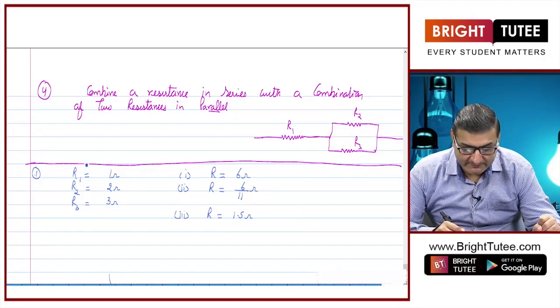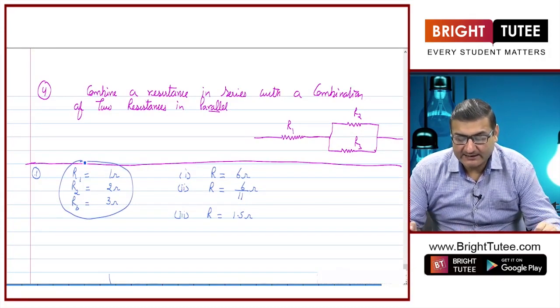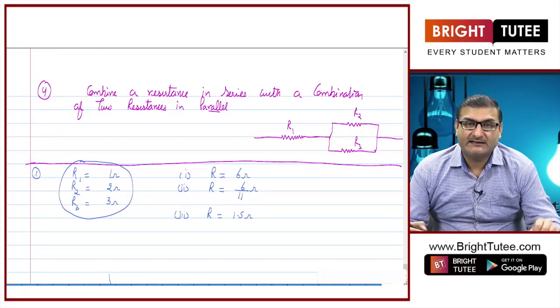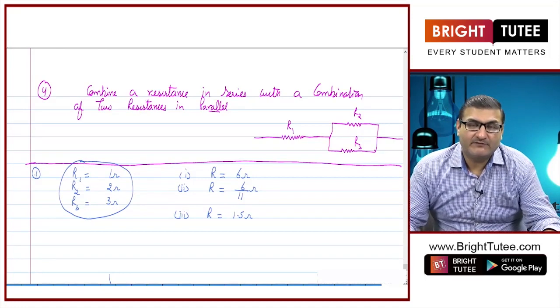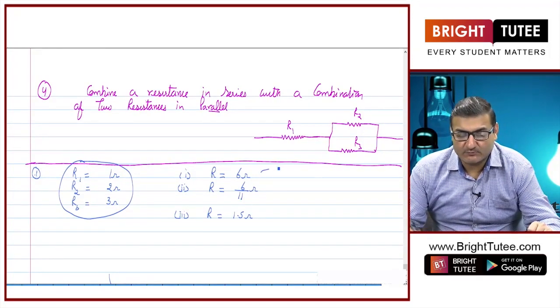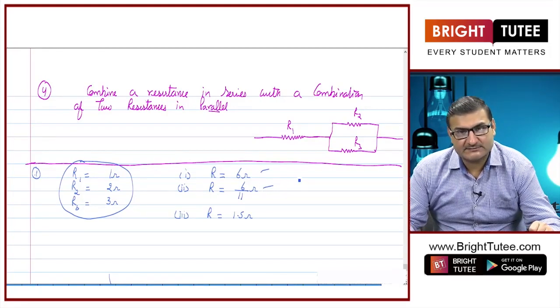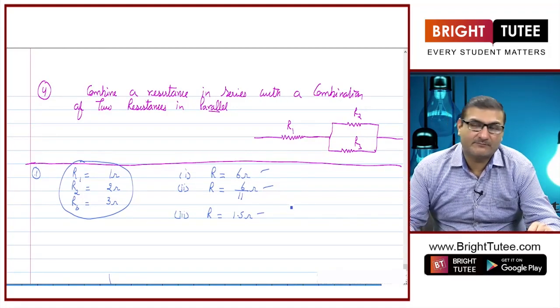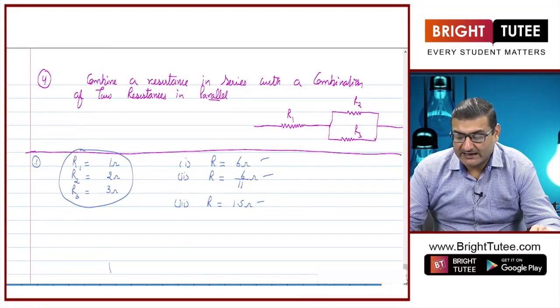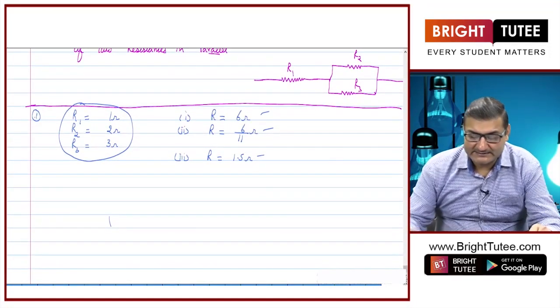Now, we are given 3 resistances and we are left with these 3 options. Firstly, we have to combine them in such a way that the total resistance is 6 ohms, or second case 6 by 11 ohms, or third case 1.5 ohms. Right? So, let us see, the first option we had was combining them in series.